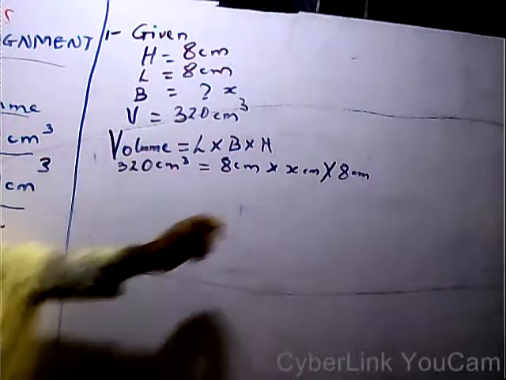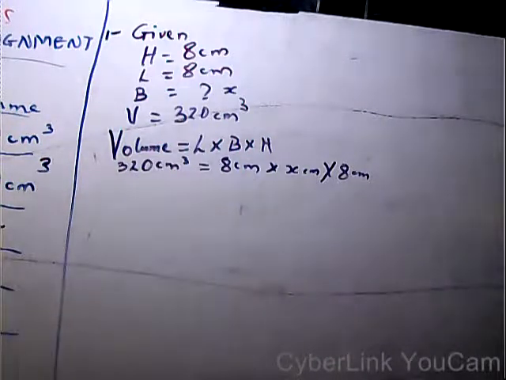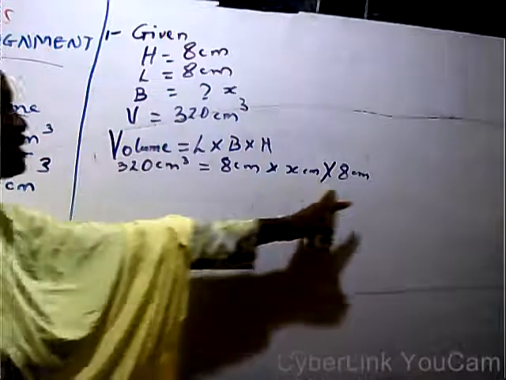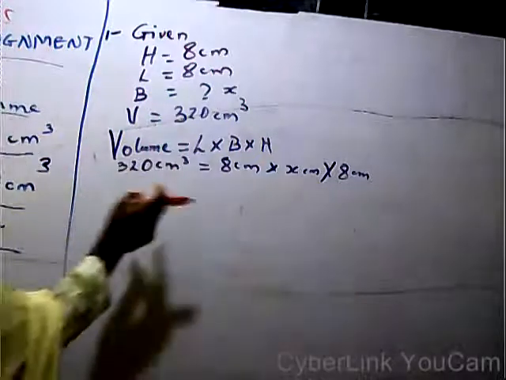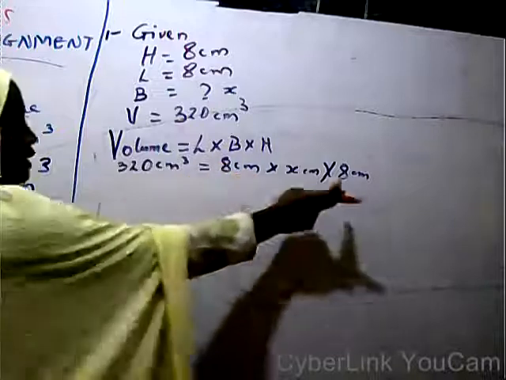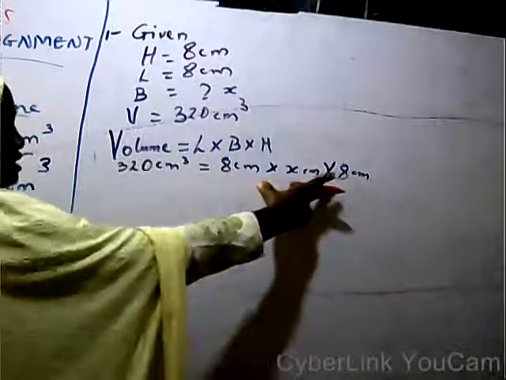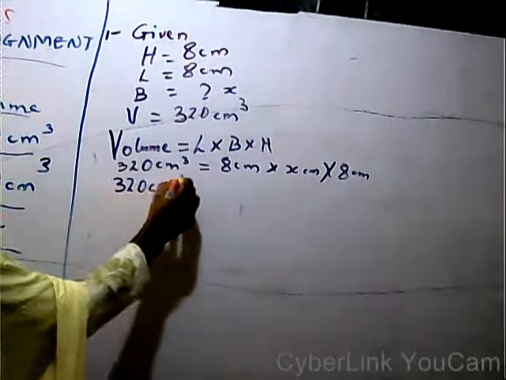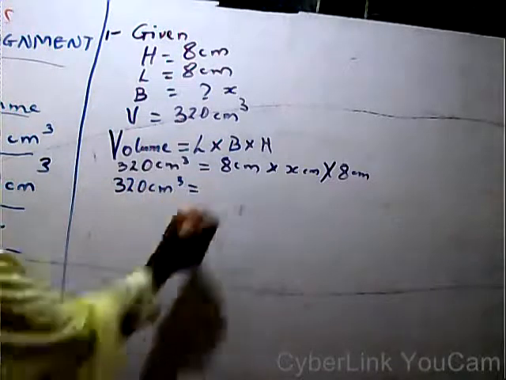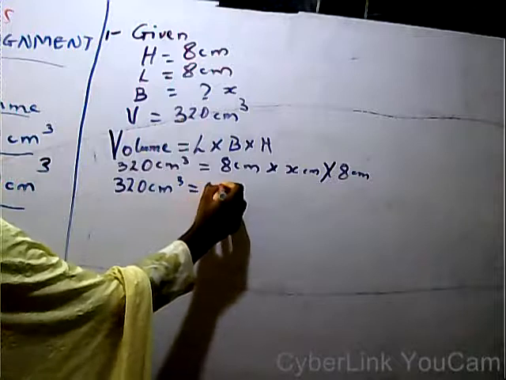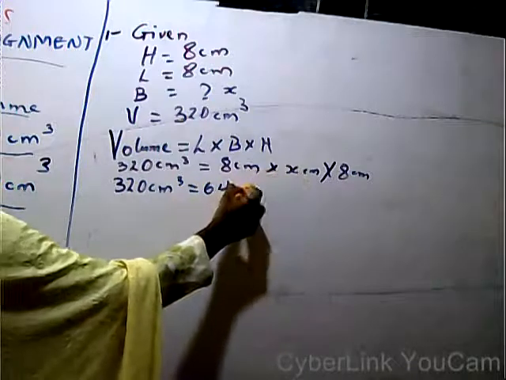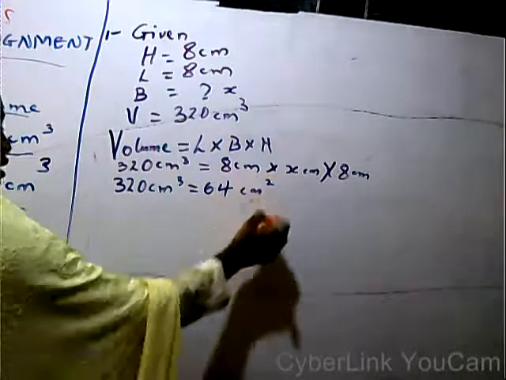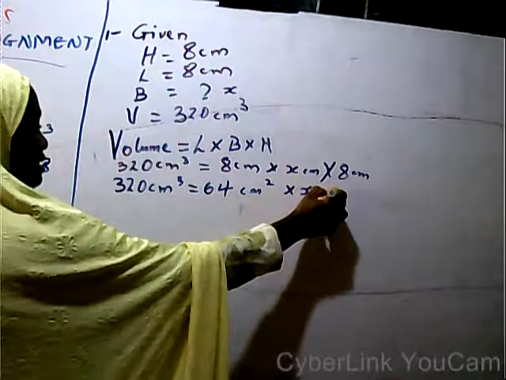Now, what do I have to do? I need to make my x the subject of the formula. How do I do that? By dividing both sides by what I have here. But before that, let me multiply this 8 and this 8 centimeter together. Repeat our 320 centimeter cube. 8 times 8 is 64. Centimeter times centimeter is centimeter square, times x centimeter.